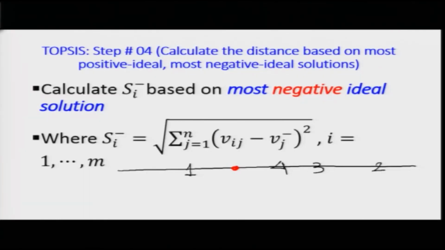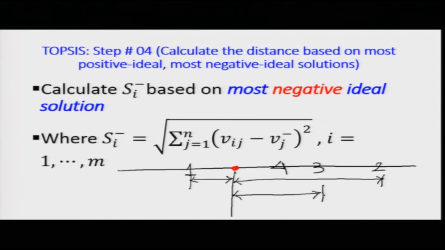So, I find out the difference between the first and the red one, square it up, then find out the difference between the red and the second one, square it up, find the difference between the third and the red one, square it up, find out the difference between the fourth and the red one, square it up.